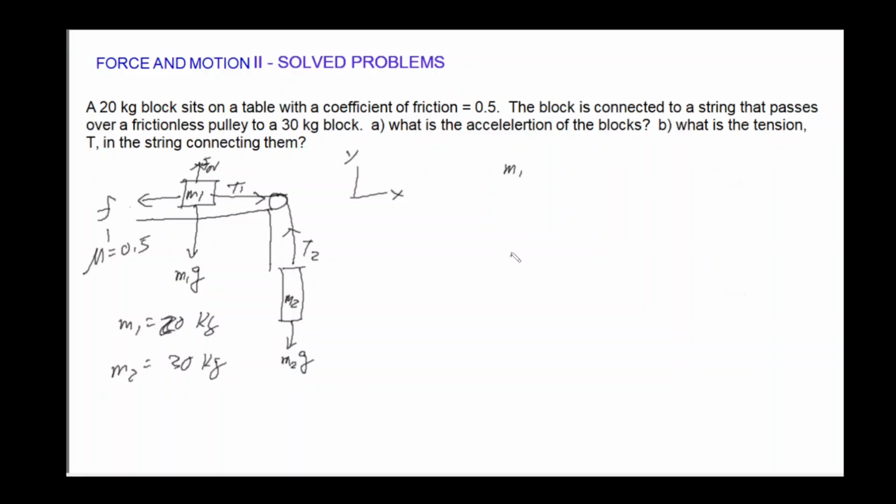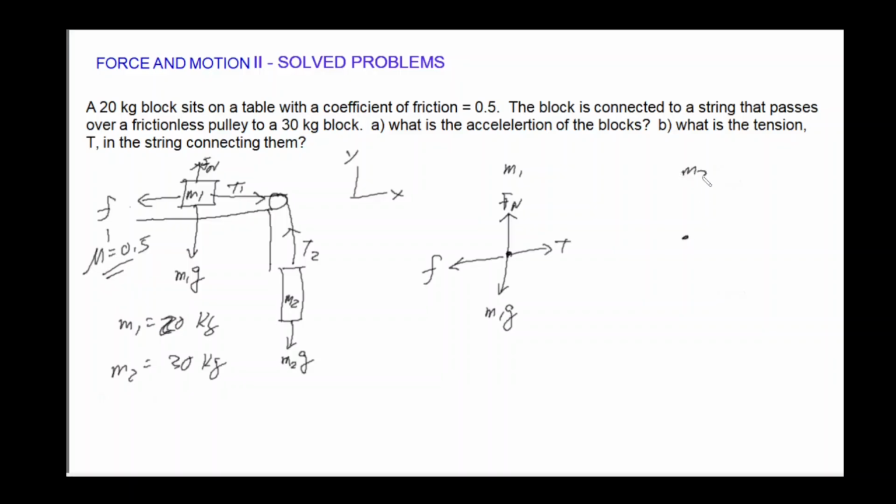So if we take mass 1, we have its weight pulling down. We have the normal force the table is pushing up on. We have the tension, and we have the force of friction, and we know that the coefficient of friction in this case is 0.5.